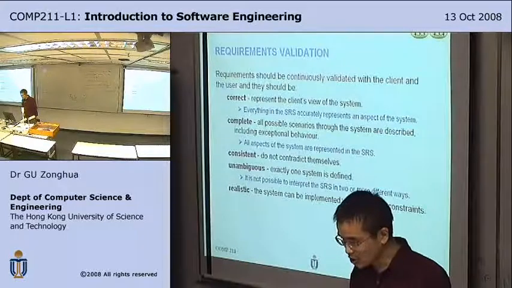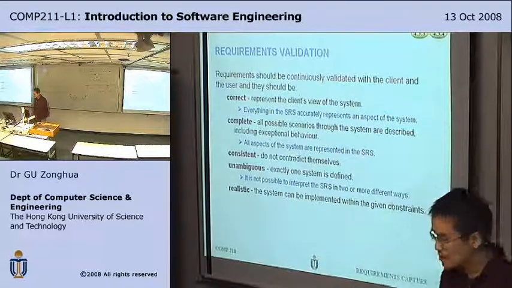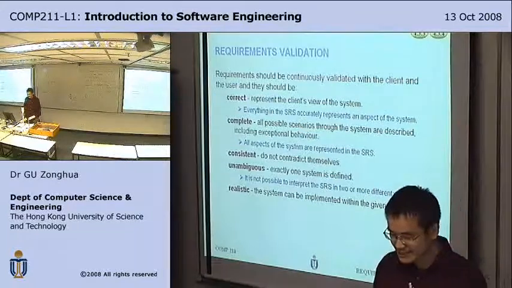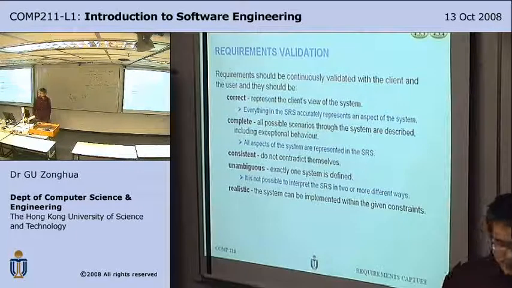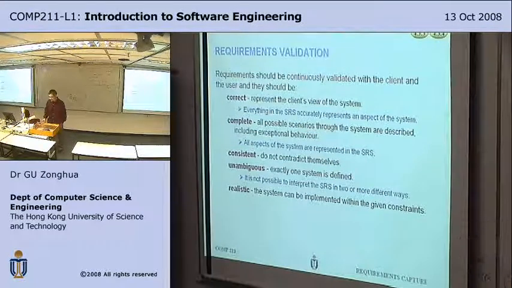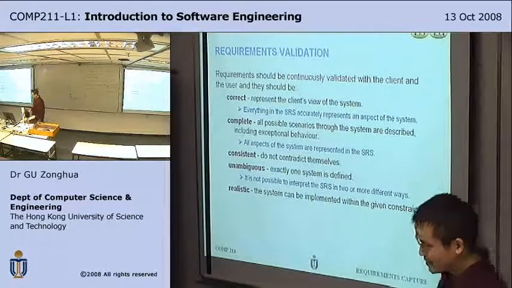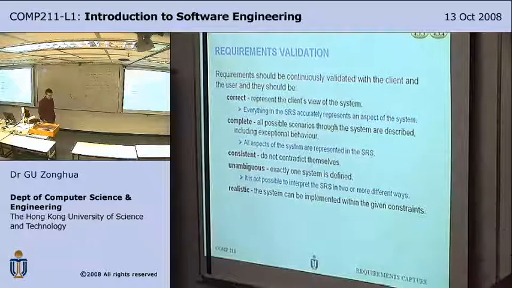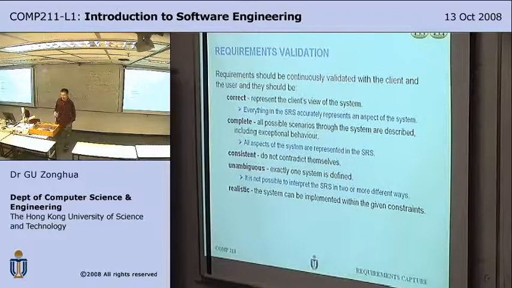Complete, that is all possible scenarios through the system are described, including exceptional behavior. So when you develop the SRS, initially you focus on the most important use cases, and gradually you add exceptional use cases to it.